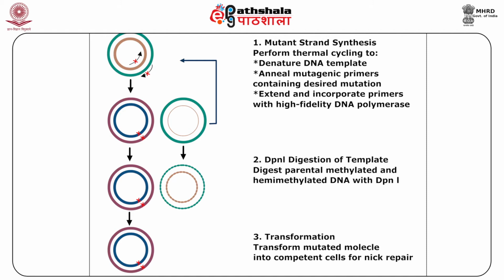So after this, it is given for DpnI digestion, which is going to remove the original or the unmutated DNA. The PCR amplified DNA cannot be methylated until and unless it is put into an E. coli system. So only the parental DNA, which is methylated or in a hemimethylated state, will get digested, and we are only going to have the enrichment of the unmethylated or the mutated DNA.